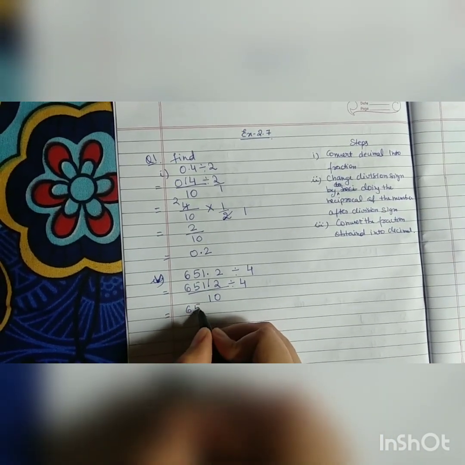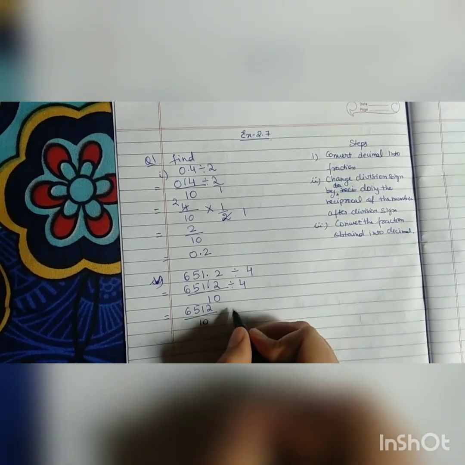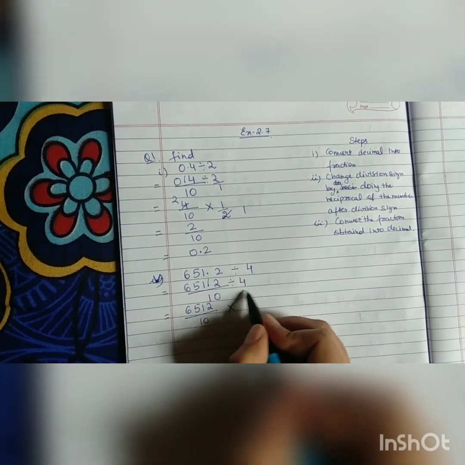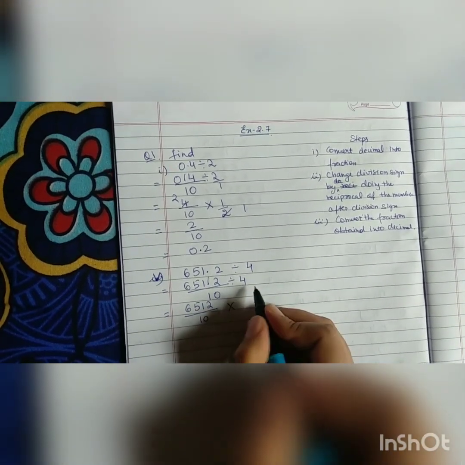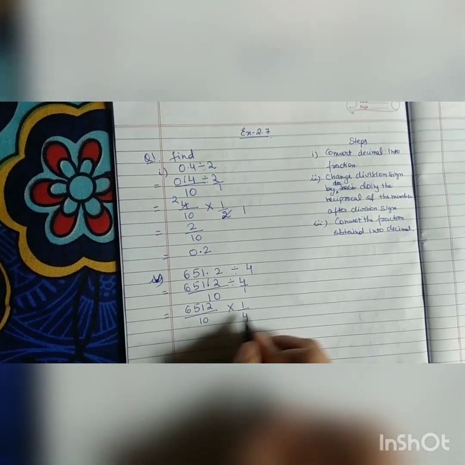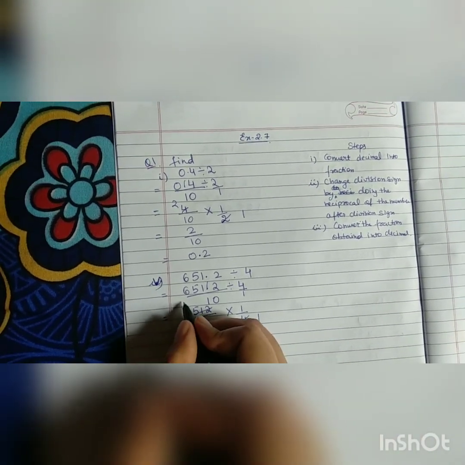Now the second step is to convert the division sign into a multiplication sign. For that we have to take the reciprocal of this number. So the reciprocal of 4 is 1 by 4. Now we will simplify this.